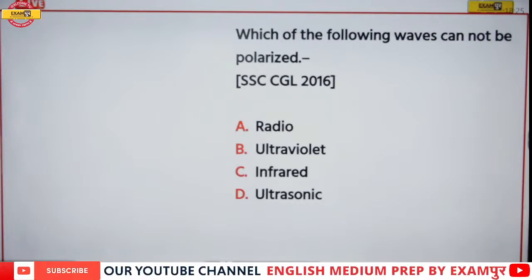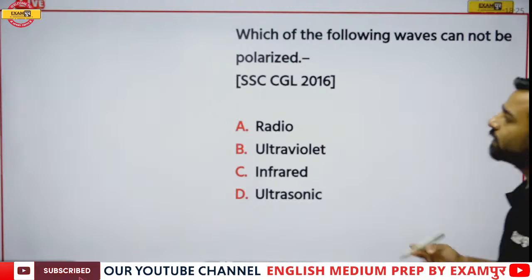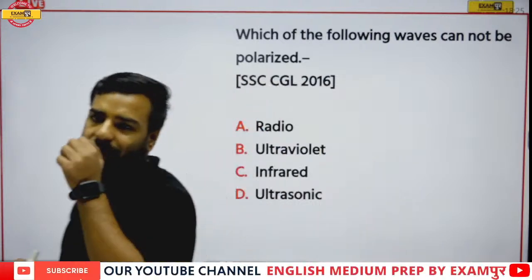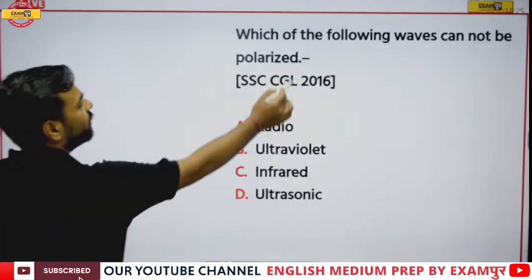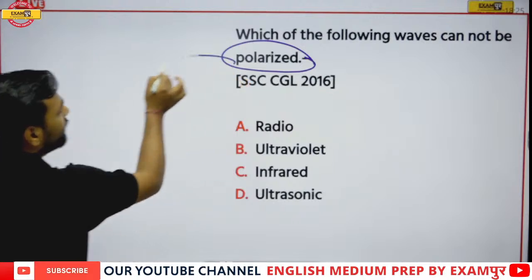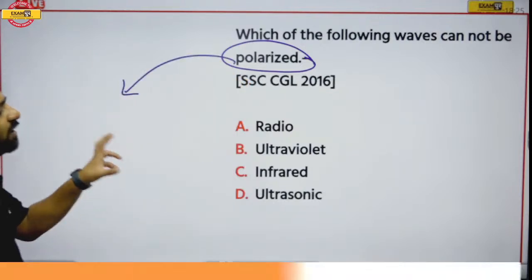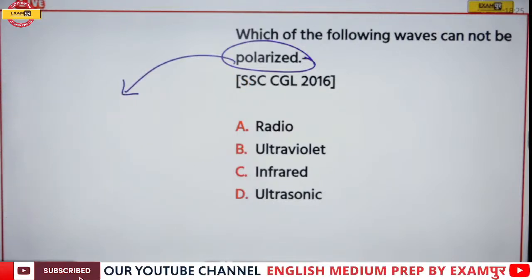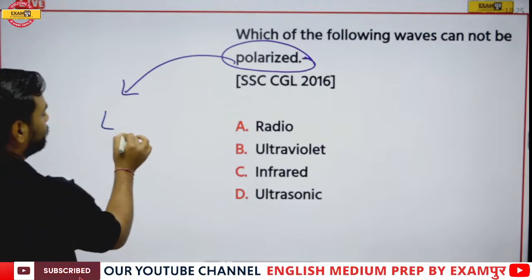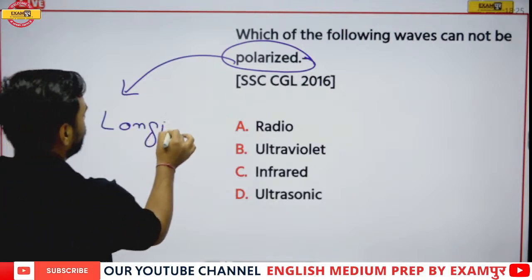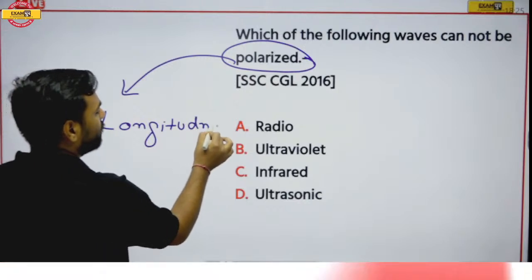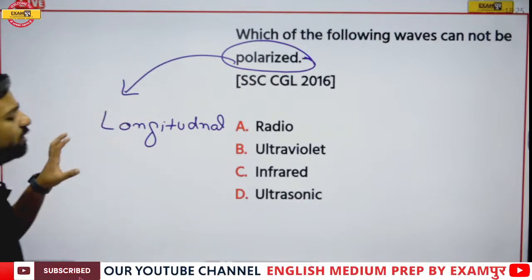Next, which of the following waves cannot be polarized? Is it radio, ultraviolet, infrared, or ultrasonic? Till I get the answer, let me tell you, polarization needs a wave which is transverse in nature. Longitudinal waves cannot be polarized. If I check the options, which particular wave is longitudinal?